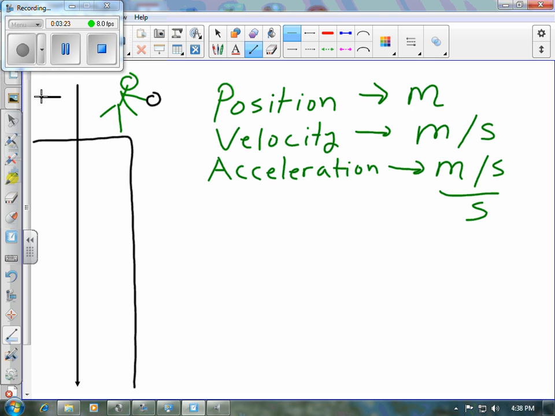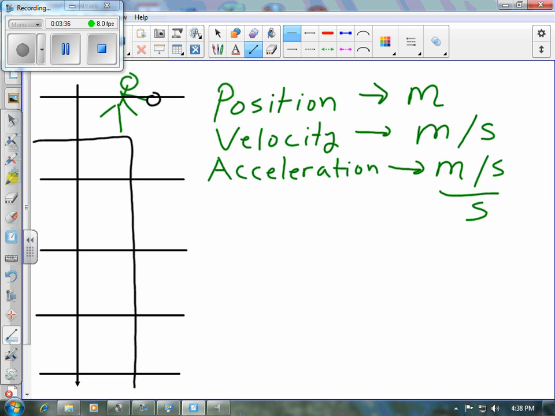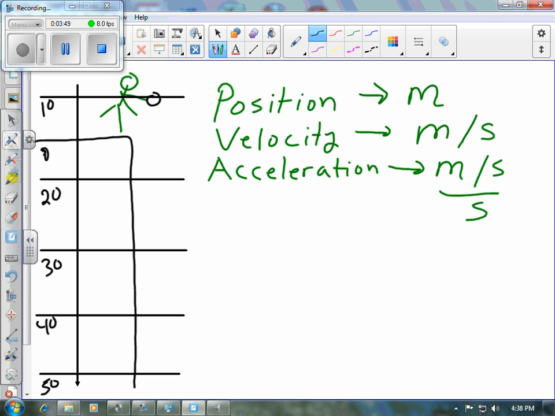This will be position 0, 10 meters, 20 meters, 30 meters, and 40 meters. So he's going to go ahead and drop that rock.